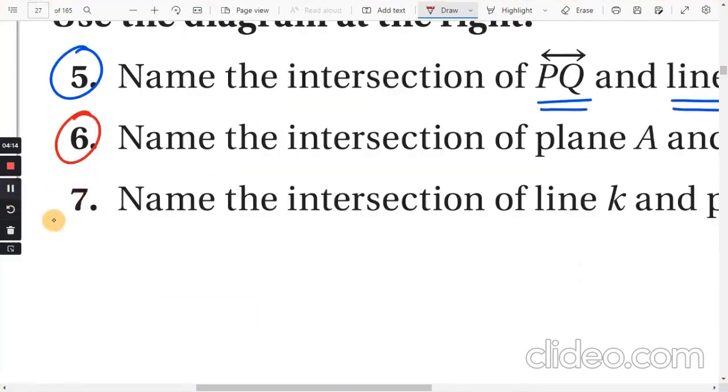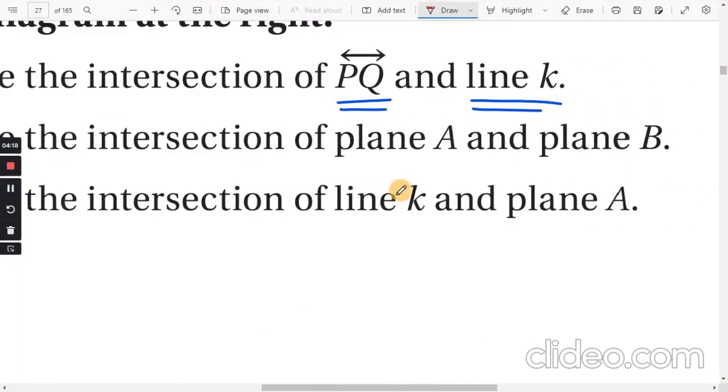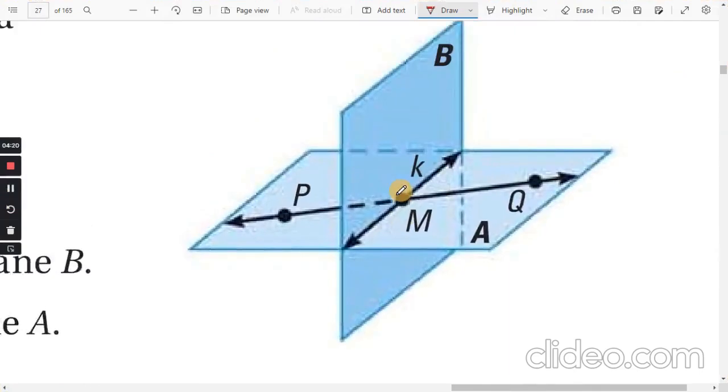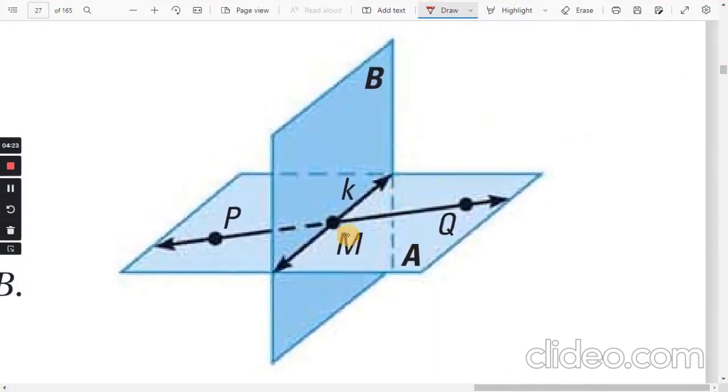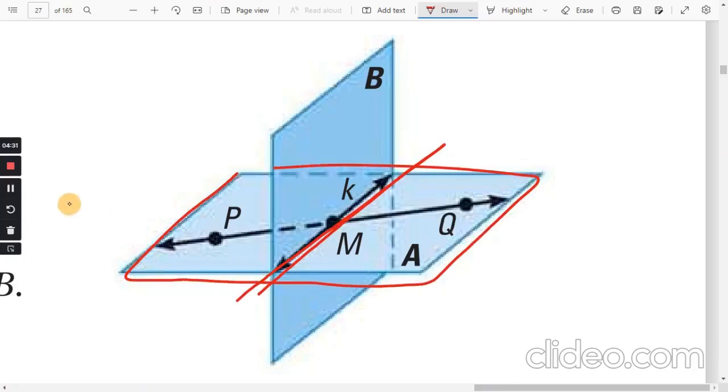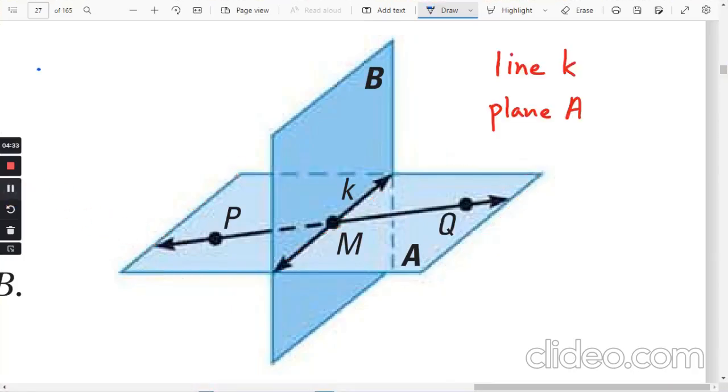All right, last one. Name the intersection of line K and plane A. Let's take a look. So here is line K, and here is plane A. So please try that one.